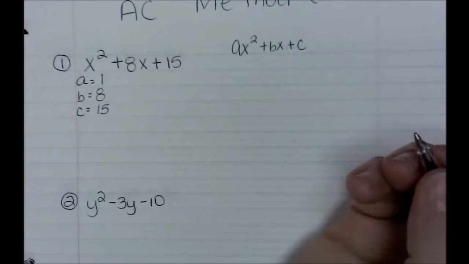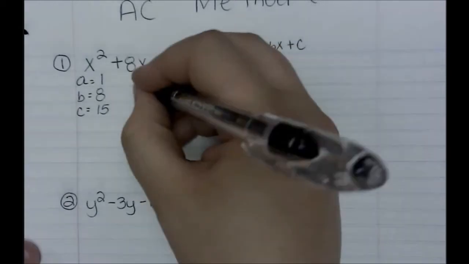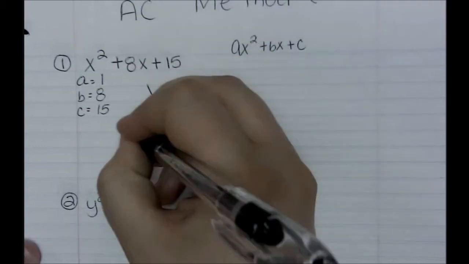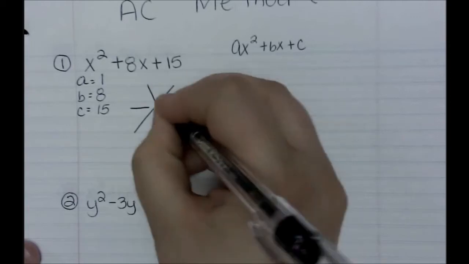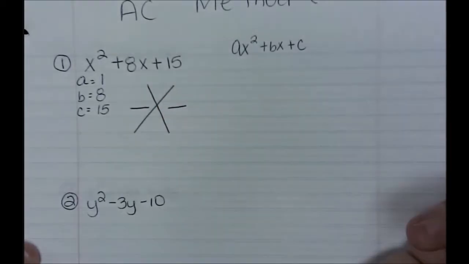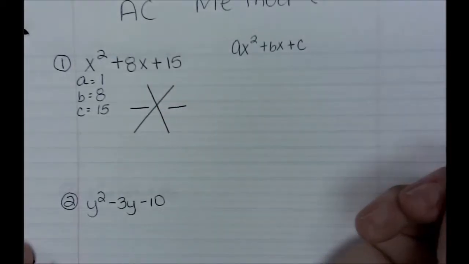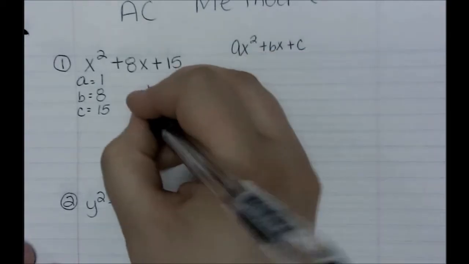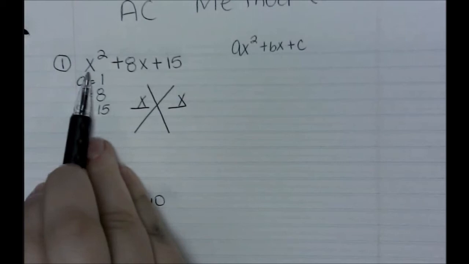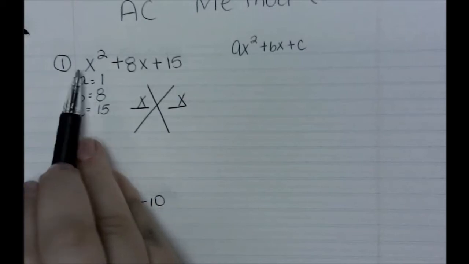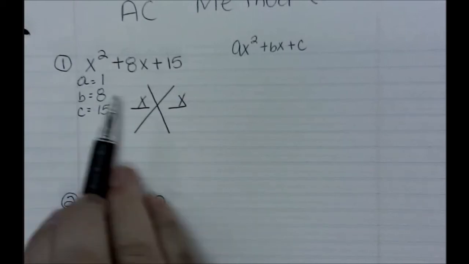Now I'm going to draw what I like to call the flying X. So it's just a really big X with two little wings. On top of your X, you put the variable you are working with in the beginning here, and then you always put its leading coefficient on top as well.